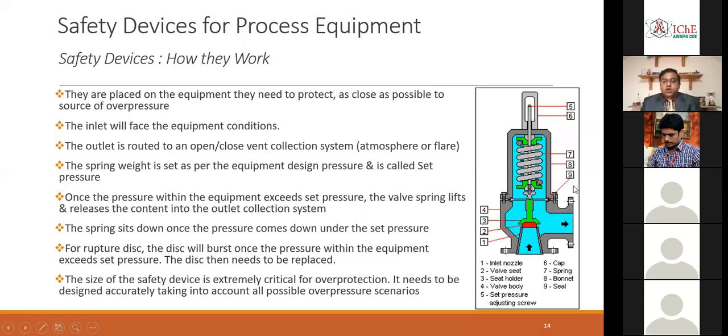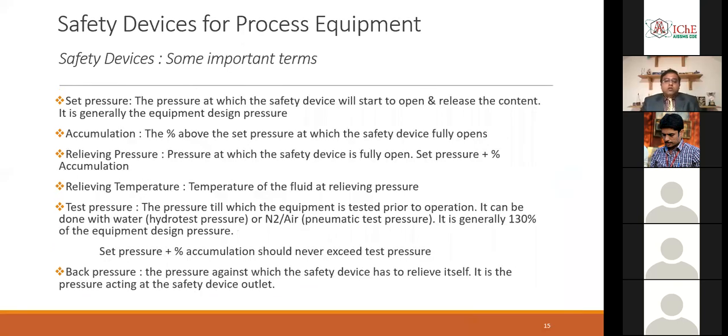But if it is going into a closed connection system, it can experience a certain back pressure against which it is going to release itself. So back pressure is also a very important aspect because higher the back pressure here, bigger the PSV becomes because it has to act more hard against a resistance to release the contained overpressure.